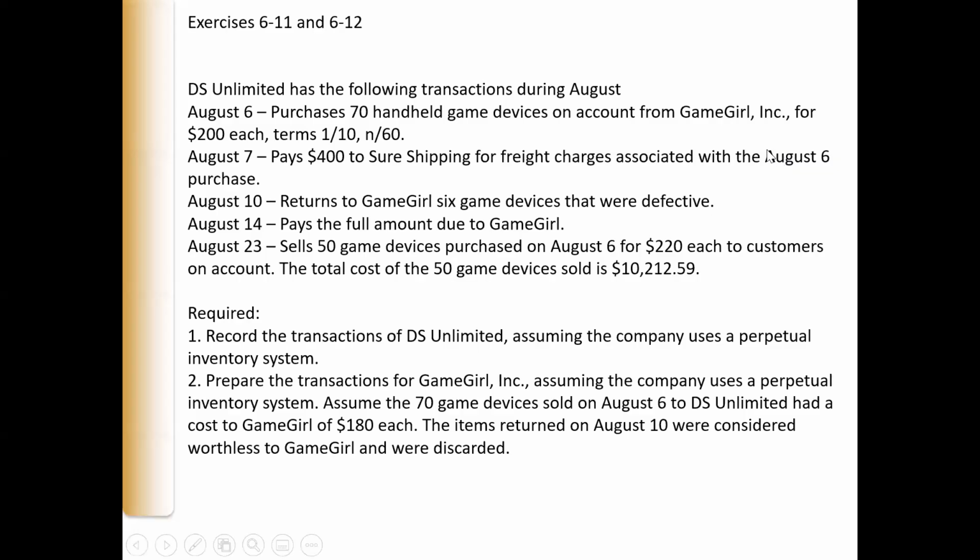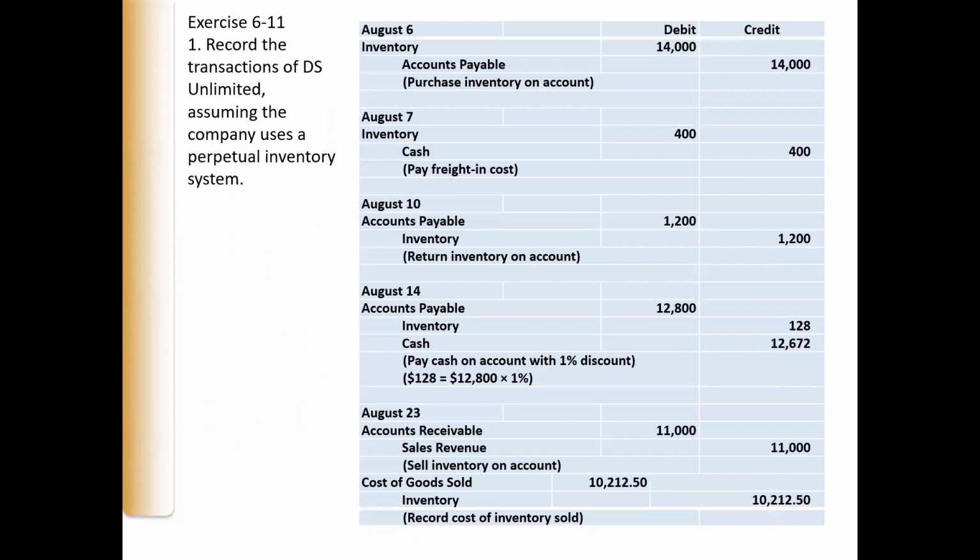So on August 6th, when DS Unlimited purchases 70 handheld game devices on account, we're going to debit our inventory for $14,000 and we're going to credit our accounts payable for $14,000. Purchasing inventory on account. Okay.